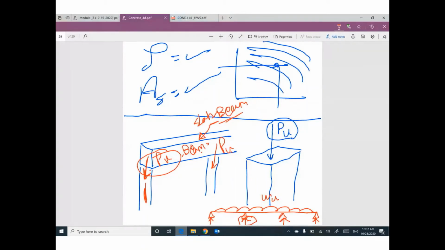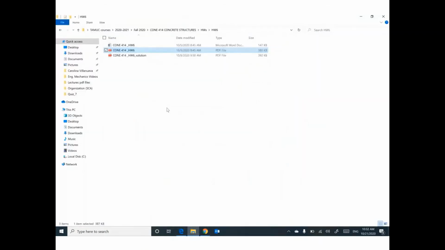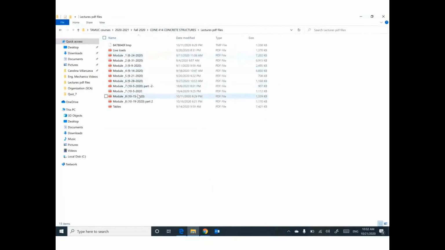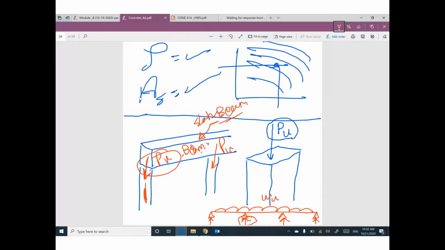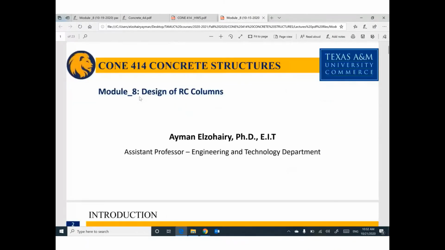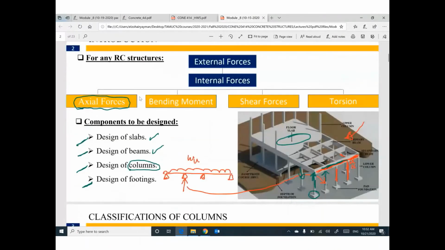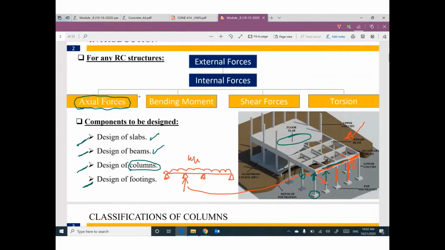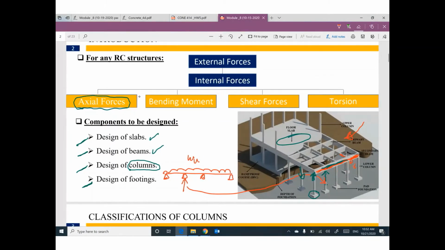What do you think? Okay, I can explain it in more detail. I think if I open the previous module, this one. So guys, right now we have this slab supported by these beams and this beam supported by this column.